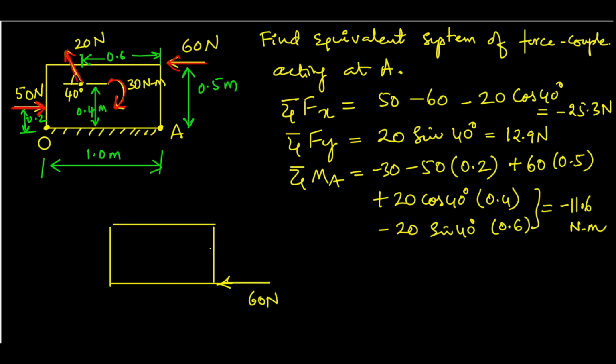So you have 60 times 0.5, which is 30 Newton meter. It is the moment of a couple, so it can be moved anywhere, right? So you already have a 30 Newton meter already. This is there, and you have 30 Newton meter because of this.